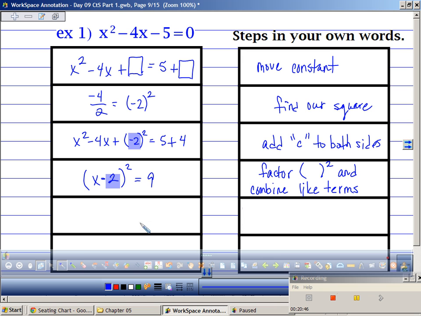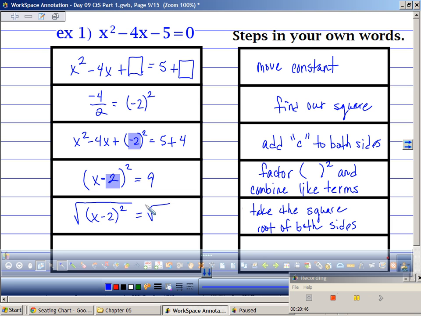I heard it. Take the square root to both sides. So when I do that, I have this plus or minus sign.